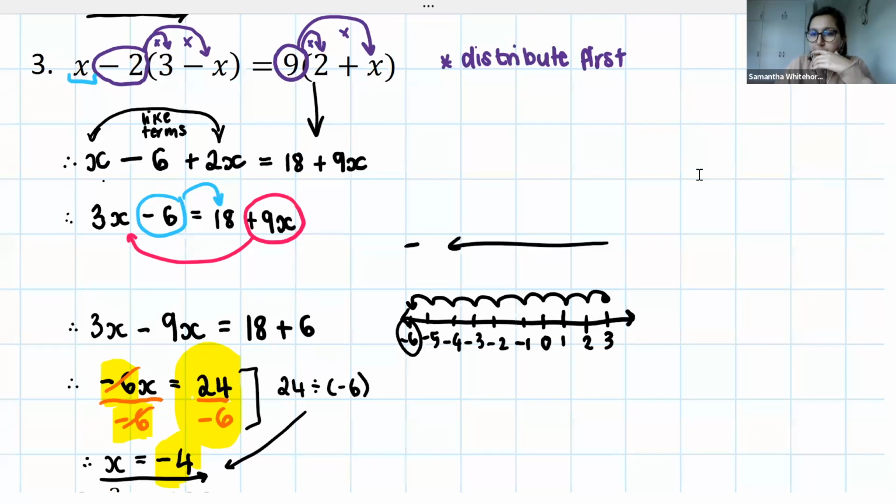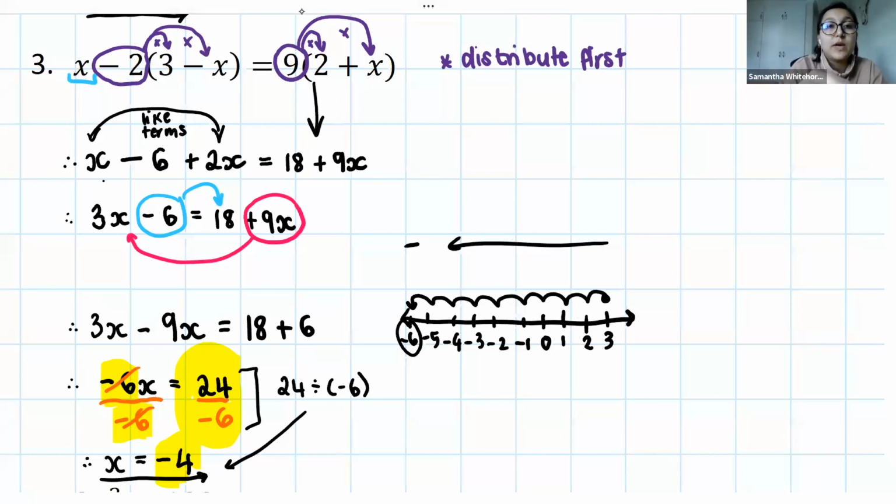There was a question of if the x was behind the bracket, would we still leave the x? It would depend what it looked like.